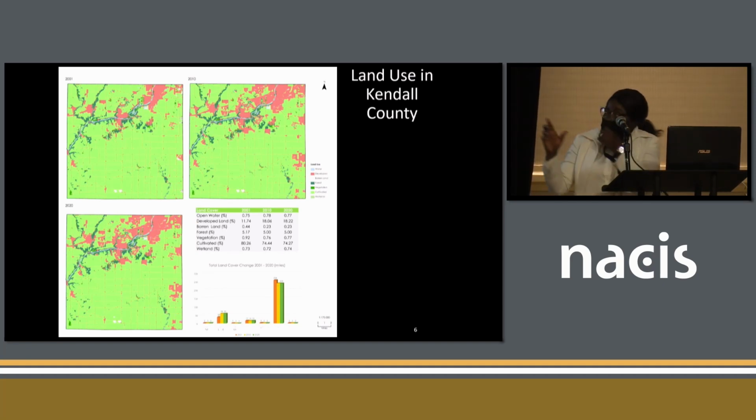The orange color represents urban land. We can see the trend from the upper left corner, which is what we have in 2001.